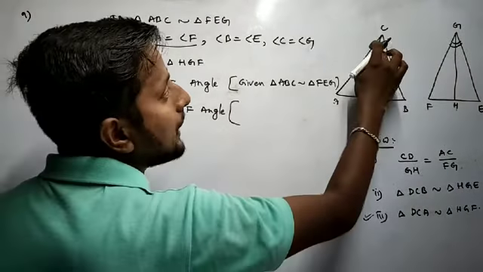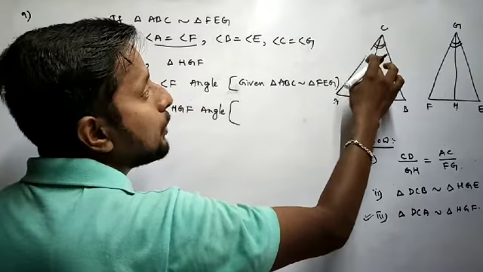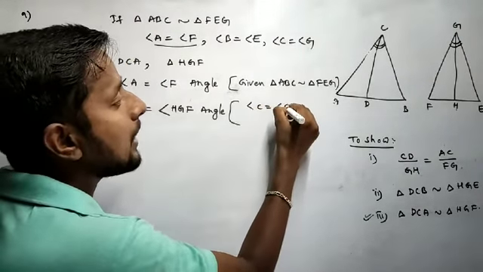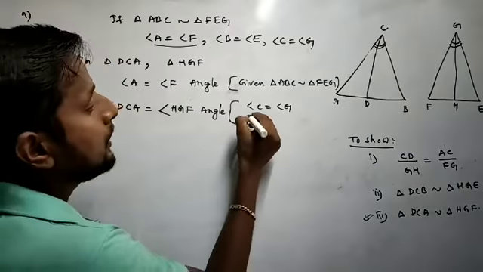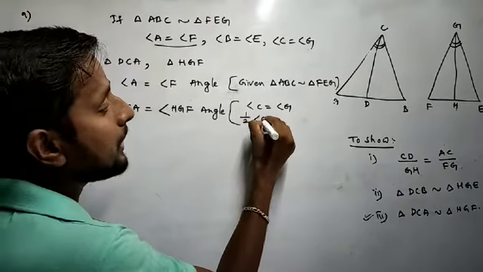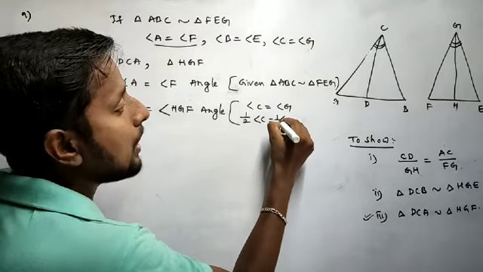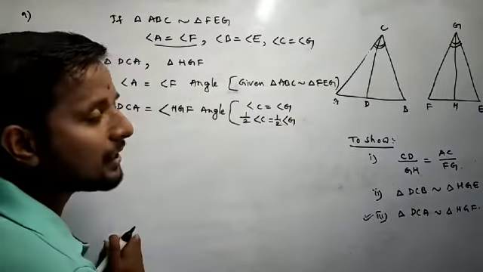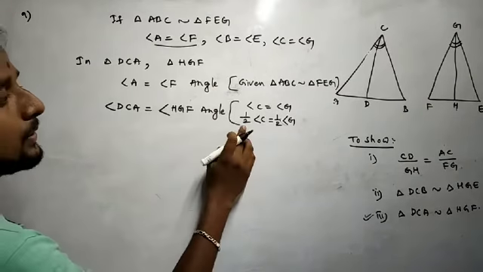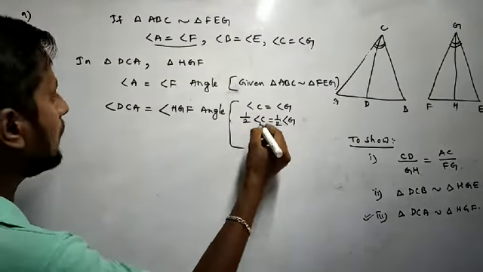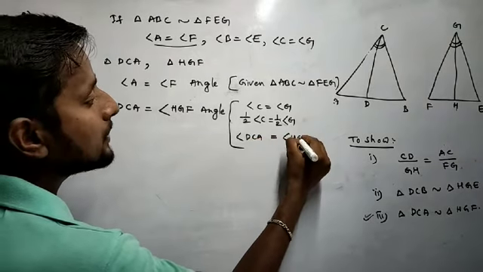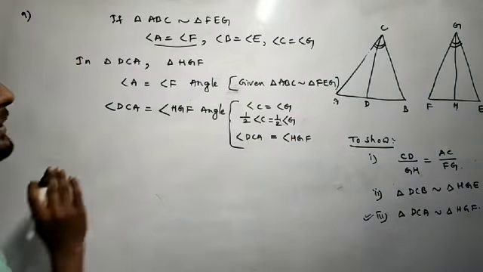Angle DCA is nothing but a bisected angle. From the question we know angle C is equal to angle G, so half of angle C is equal to half of angle G. Just as we discussed, if the 100s are equal, the 50s are also equal. So these angles are equal.